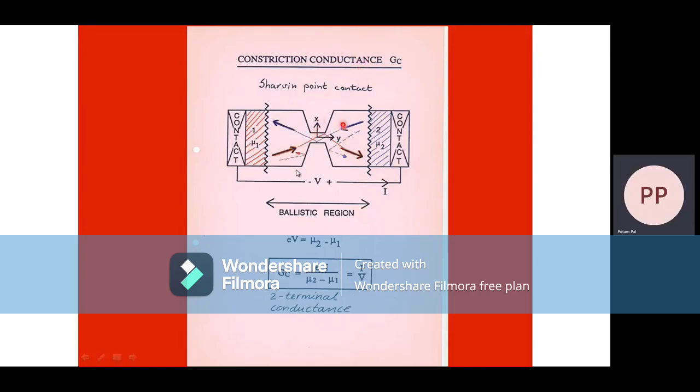And there are still two classes of trajectories: those going from left to right and passing, and those scattering back, which are not reaching the right contact, and the same for going from right to left.